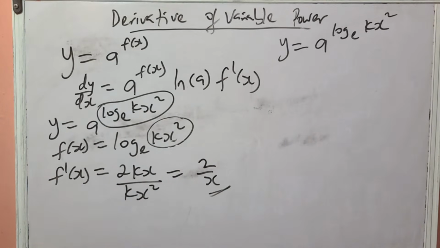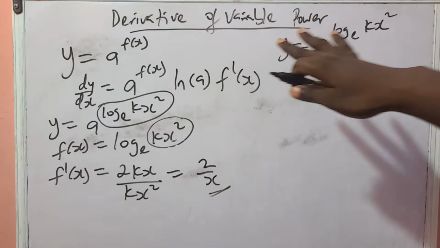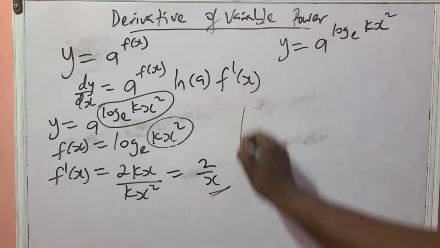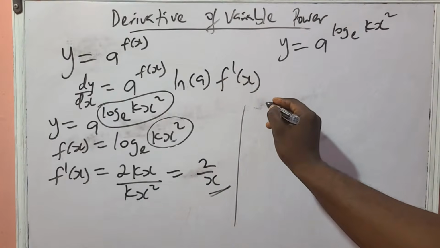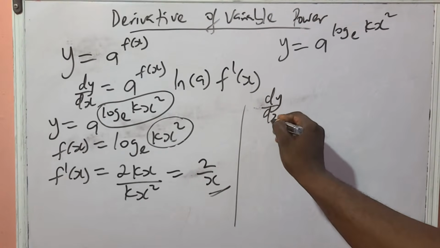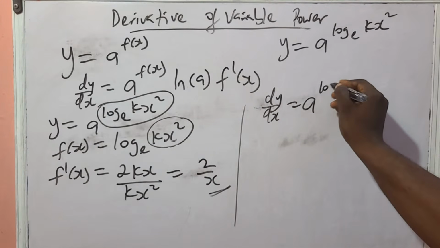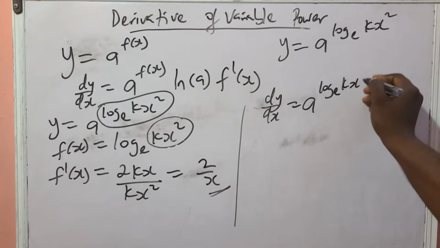All right. So I want to now go on to find, using the method of finding the derivative of variable power now. So if I wanted to find the derivative of variable power, what I said you should do is that you say dy over dx is equals to, you write that function, that will be a raised to power log e kx squared.